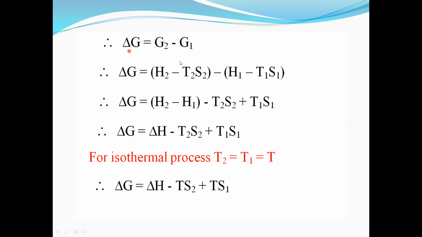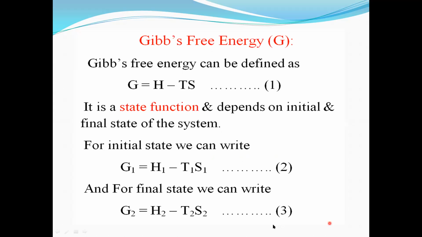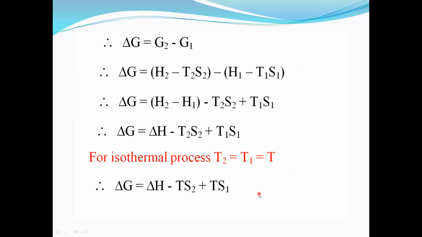G1 is H1 minus T1S1, and G2 is equal to H2 minus T2S2. Now put these values from equation number 2 and 3 in the equation delta G is equal to G2 minus G1.